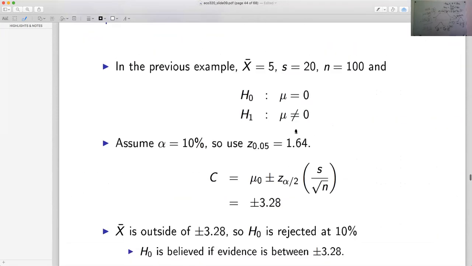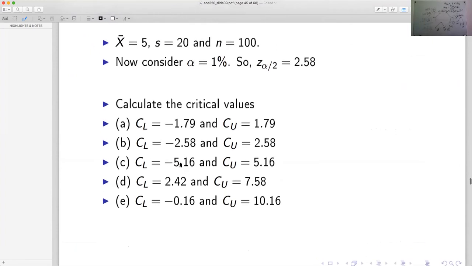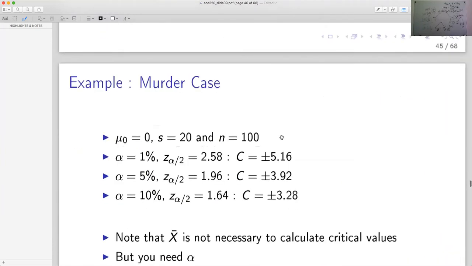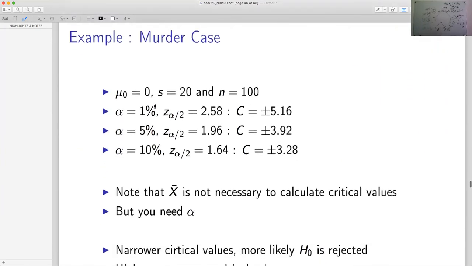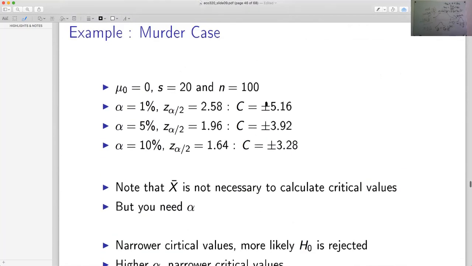It used to be 1.64. If you plug it in, you'd get plus minus 5.16. So 5 is inside of this range, so you cannot reject. Based on that, the critical values are 5.16, 3.92, 3.28. So you cannot reject over here.